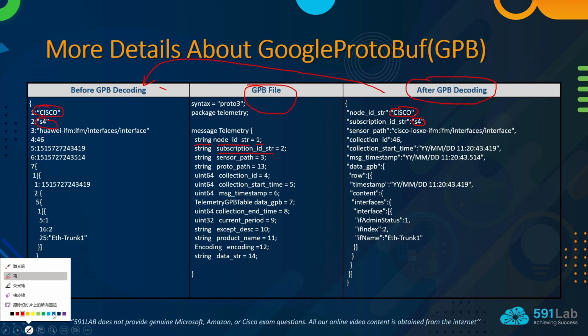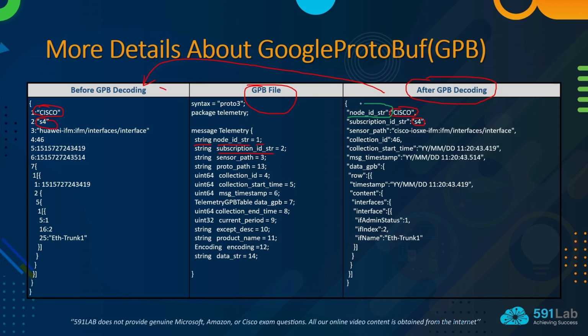Sorry, let me use the screen one for more clarity. This is a node ID str, and it is defined as which one? 1.